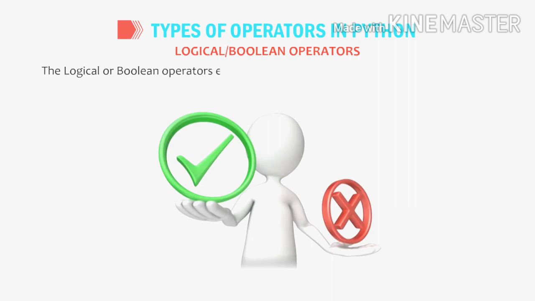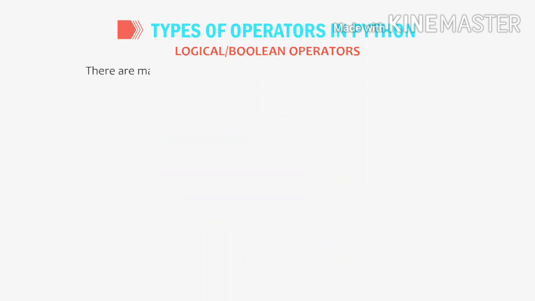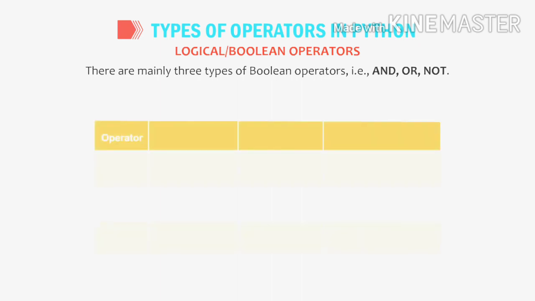A logical operator or Boolean operator evaluates to one of two states, either true or false. We use these operators in Python to make comparisons. There are mainly three types of Boolean operators: and, or, and not. The and operator is used to check the values.